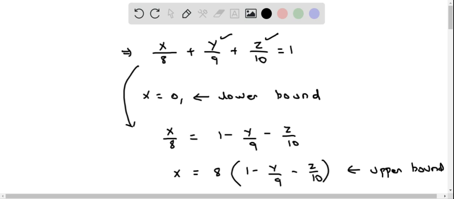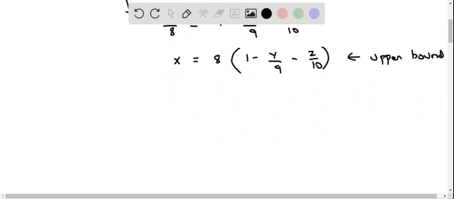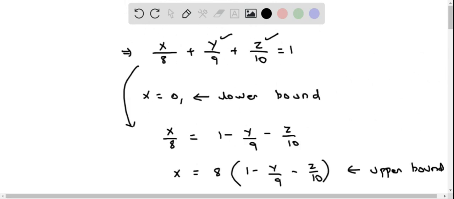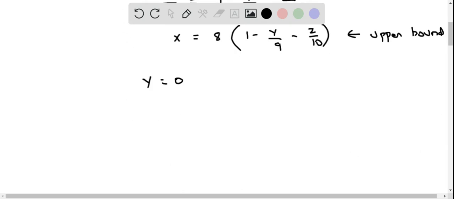Now, to determine the limit for the y variable, we consider the lower limit equals 0, and then we consider the part of the equation just by removing the x by 8. So we will have only y by 9 plus z by 10 equals 1, and we have to solve for y to determine the upper bound of y.